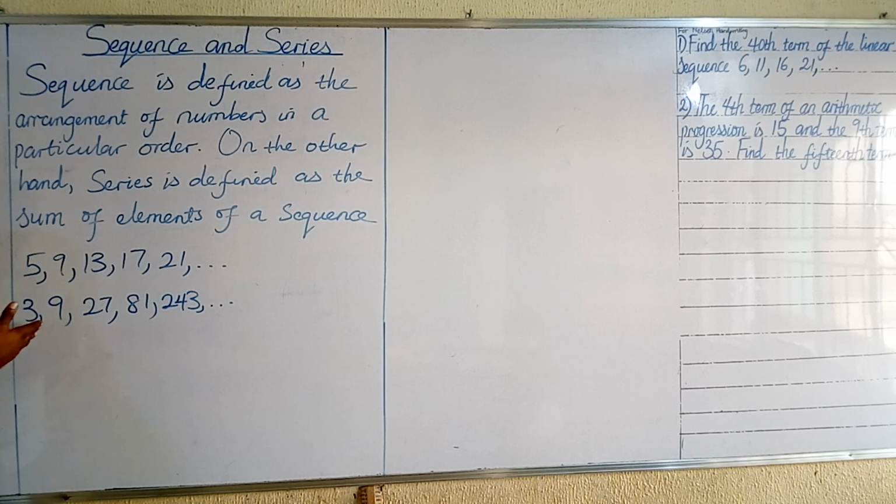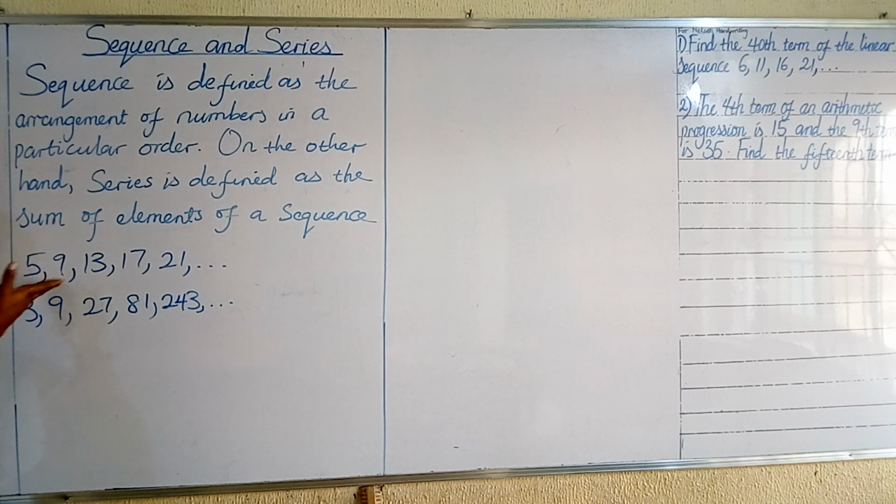Now, if you watch this, you will see the particular order that suits it. 3 times 3 is what? 9. 9 times 3 is 27. 27 times 3 is 81. 81 times 3 will give us 243.